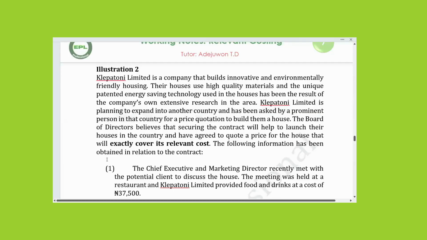The board of directors believes that securing the contract will help to launch their houses in the country and has agreed to quote a price for the house that will exactly cover its relevant cost.